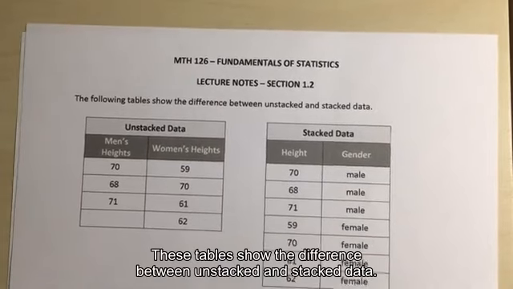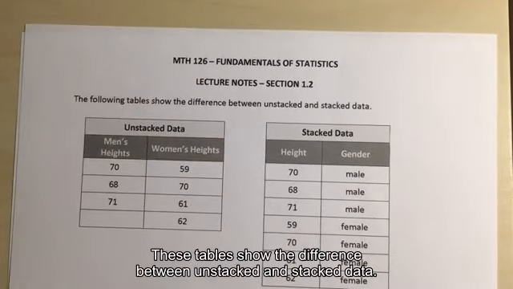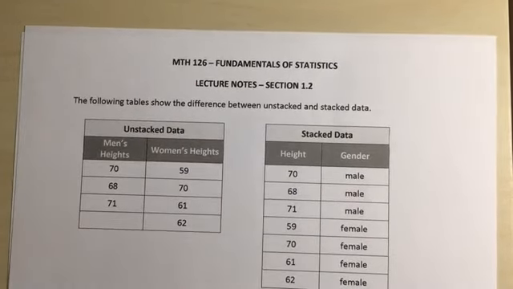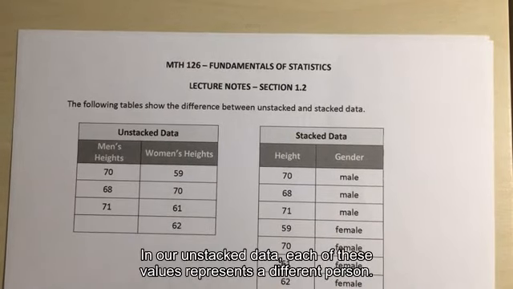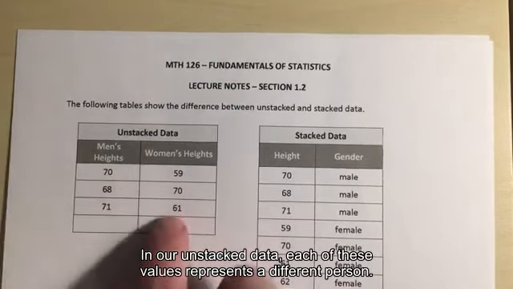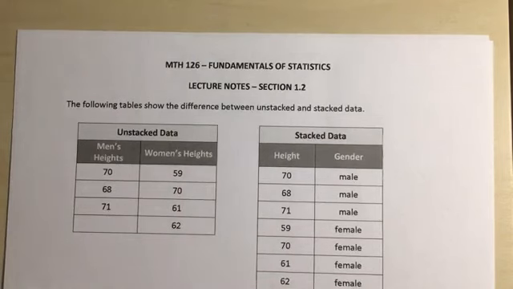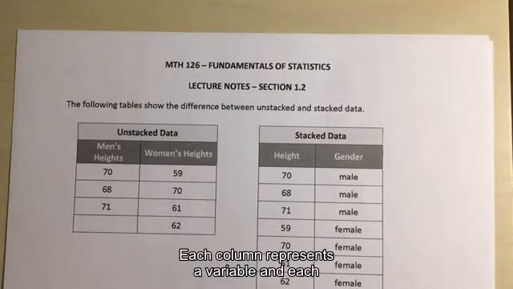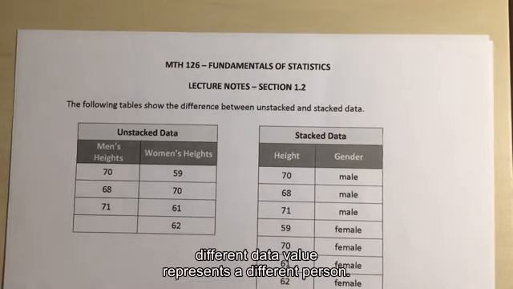These tables show the difference between unstacked and stacked data. In our unstacked data, each column represents a variable, and each different data value represents a different person.